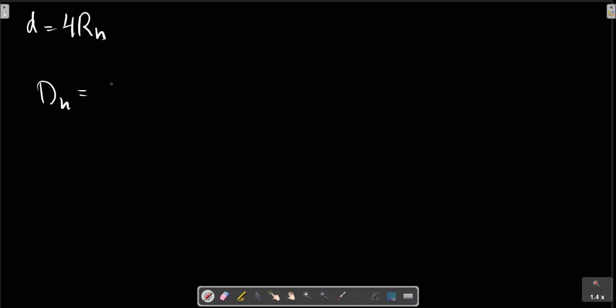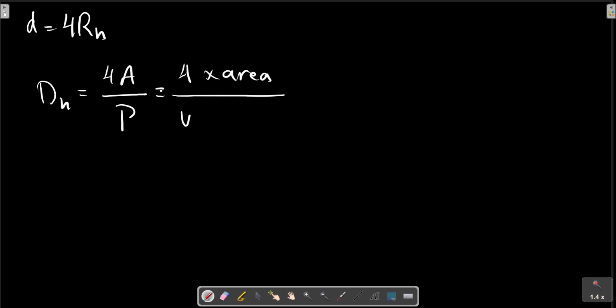The hydraulic diameter is 4A on the wetted perimeter, which is 4 multiplied by area over wetted perimeter, equals 4R_H. We should stress that the wetted perimeter includes all surfaces acted upon by the shear stress.